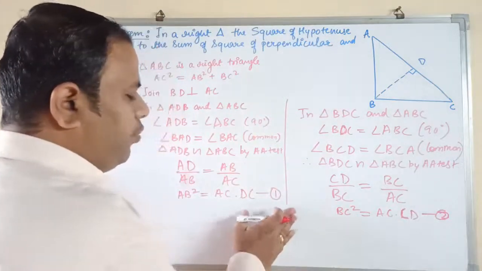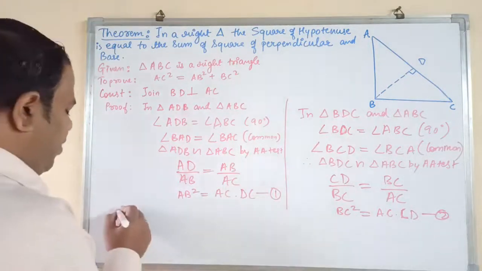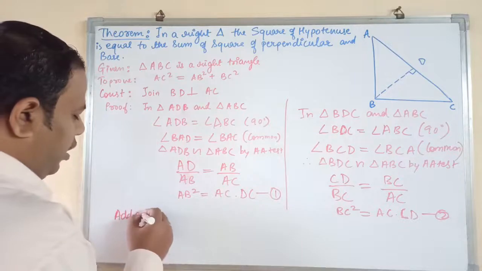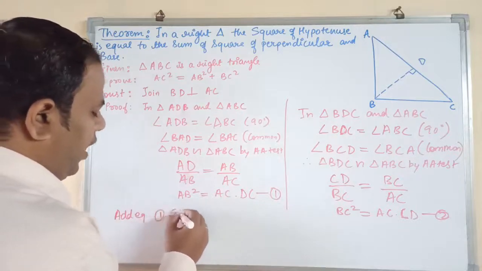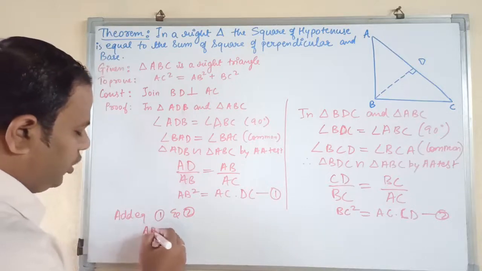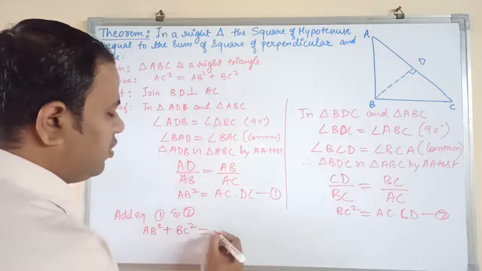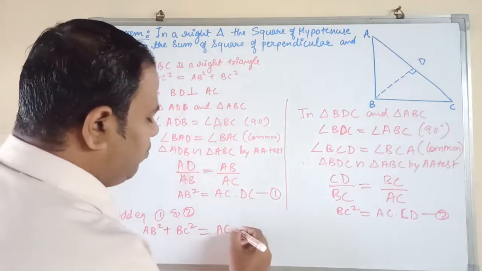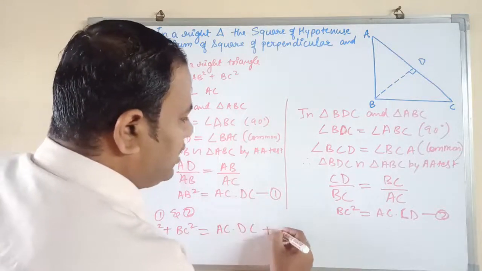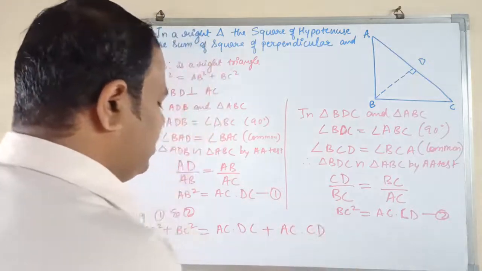So after proving the two triangles similar, we have to add equations 1 and 2. So when we add, the left hand side will become AB square plus BC square is equal to, on this side, AC multiplied by DC plus AC multiplied by CD. That is the same thing.